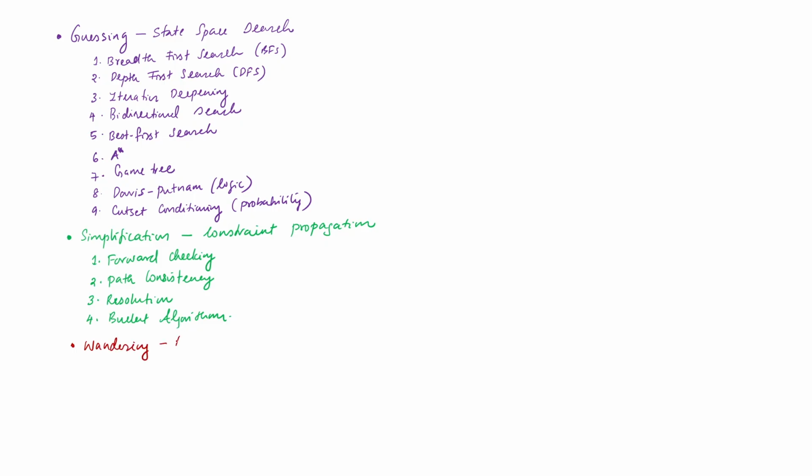Then we talked about wandering, which is randomized search. Remember, we talked about random walk. So, number 1 is hill climbing, number 2 is simulated annealing, number 3 is walk sat. Then 4 is also Monte Carlo methods.